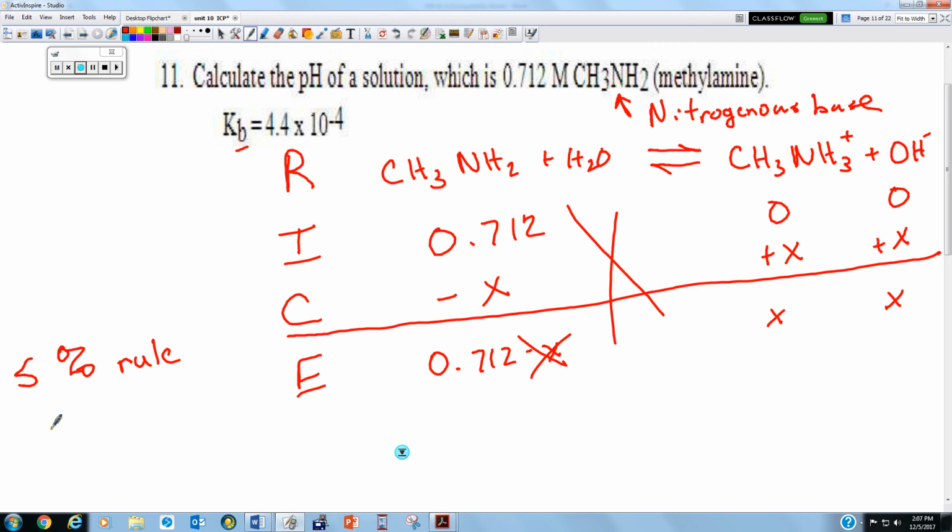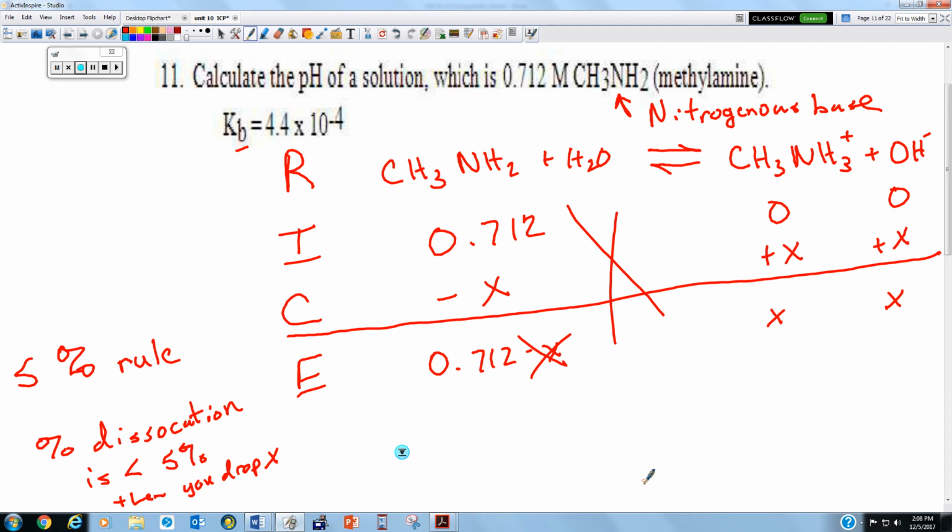Basically, if percent dissociation is less than 5%, then you can drop the X. So right now we're just going to assume that the dissociation is less than 5%.